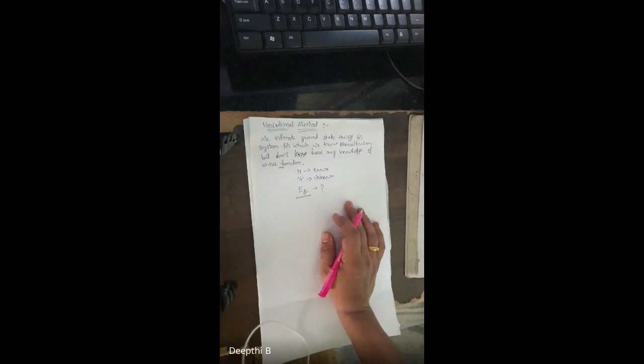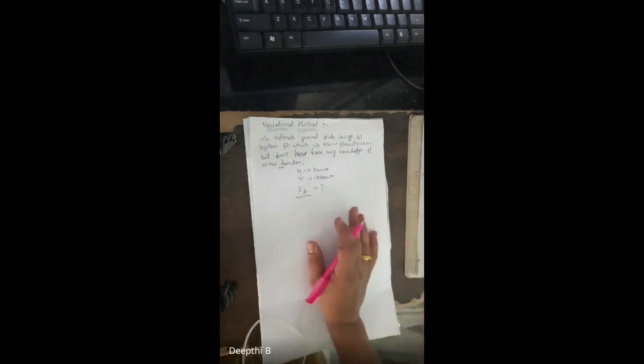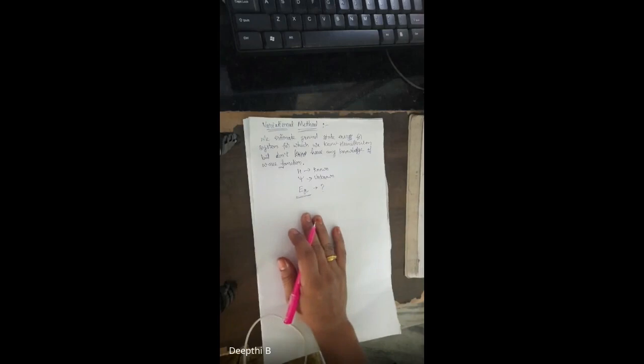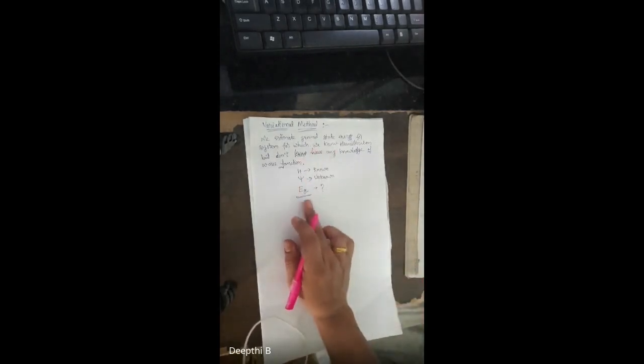Sometimes we can find some excited states also. It is not only for the ground state. We can also find the first excited state and second excited state. But mainly we use the variational method to estimate the ground state energy.